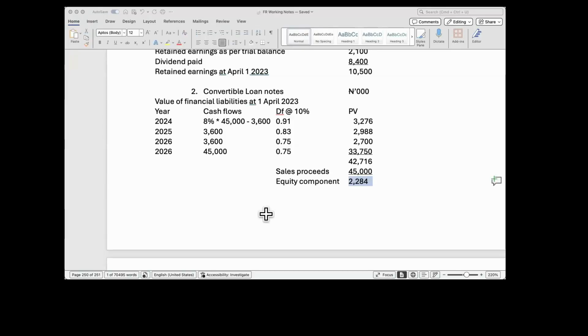But this is the first time they are bringing an additional note on convertible loan notes. They don't usually bring it. Like the last diet or last 2 diets, they brought leases. They don't usually bring leases, but we saw leases in the additional notes. So all you need to do is to know all those standards that I've been teaching you. When you know them, you won't have any problem. So it's not always like that.